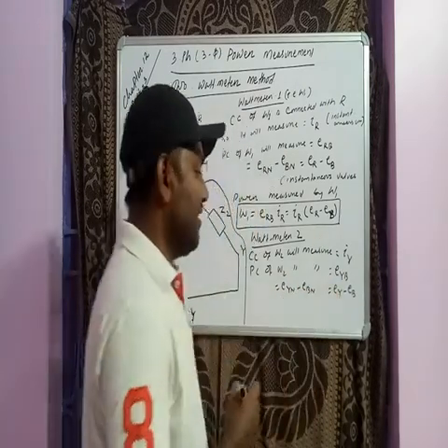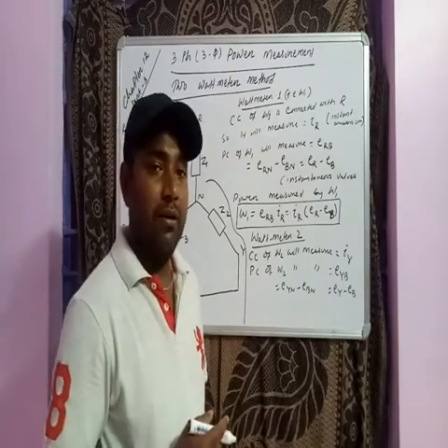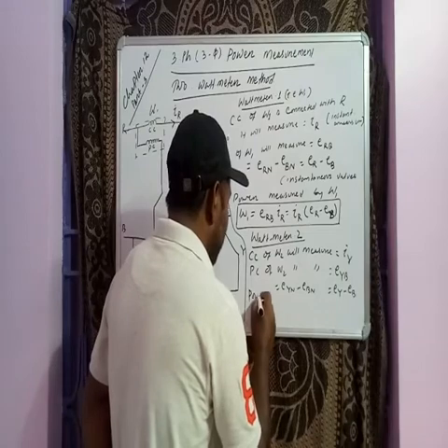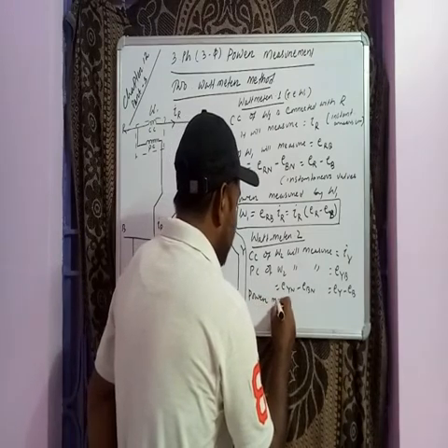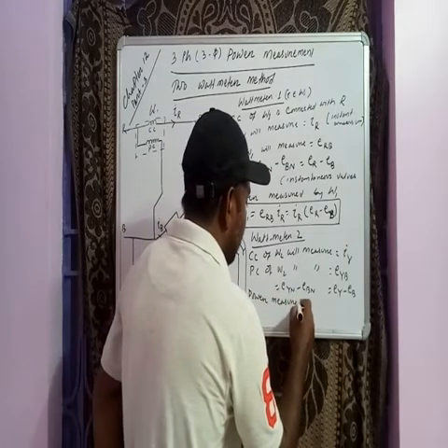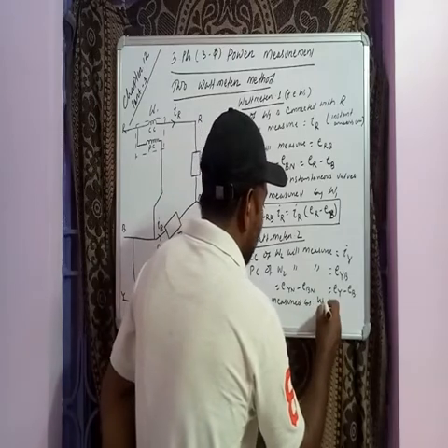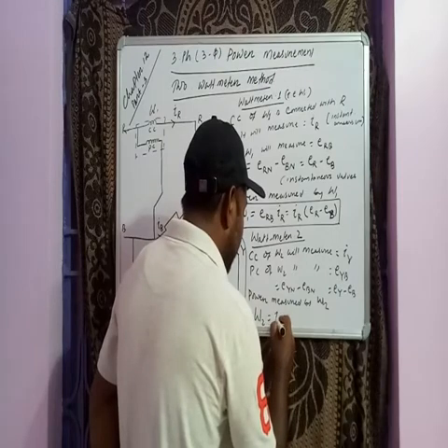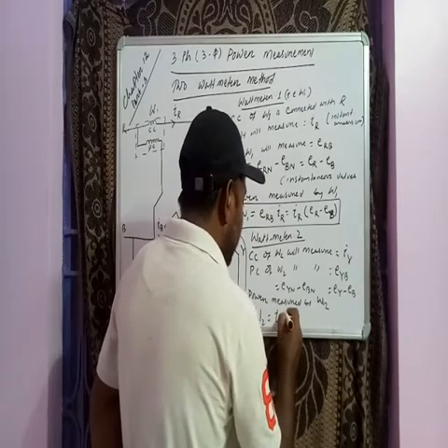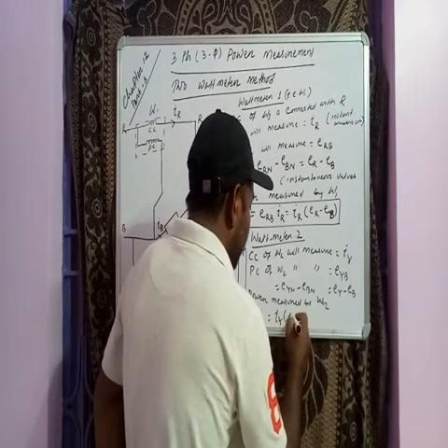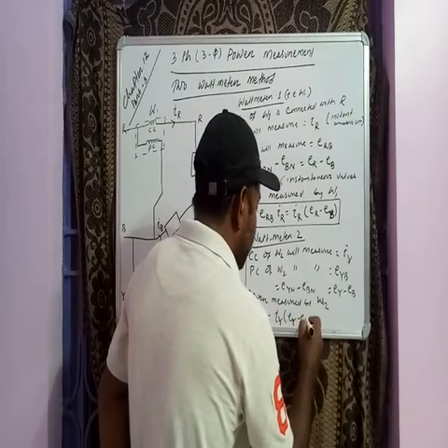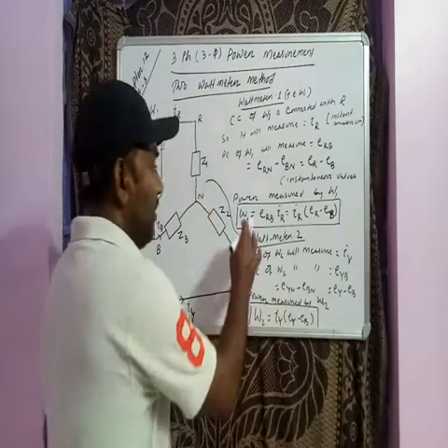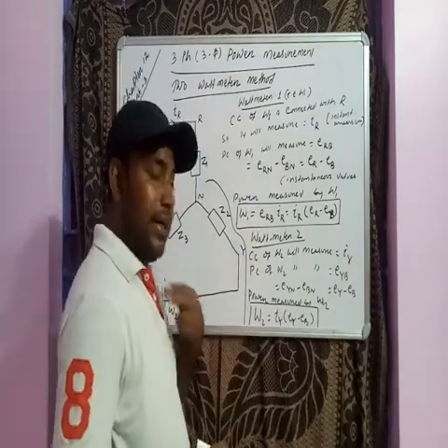To avoid the complexity, I have taken EY minus EB. Then the power measured by W2, let W2 be equal to current IY into EY minus EB. This is the W2 measured power, and that was the W1 measured power.